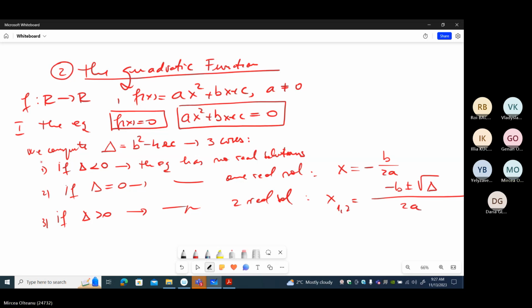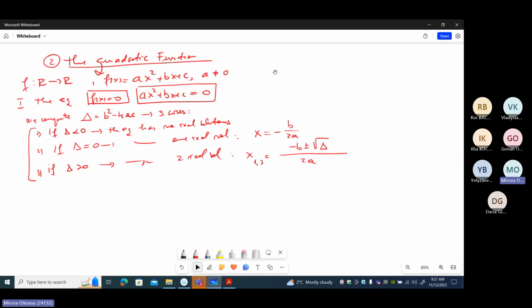Okay, this is the basic information for the quadratic equation. Attention, it's a little different from the affine equation, because all the affine equations always had one single solution. This is not the case for the quadratic equation, where there are three types: some have no solutions, others have one solution, and others have two solutions.